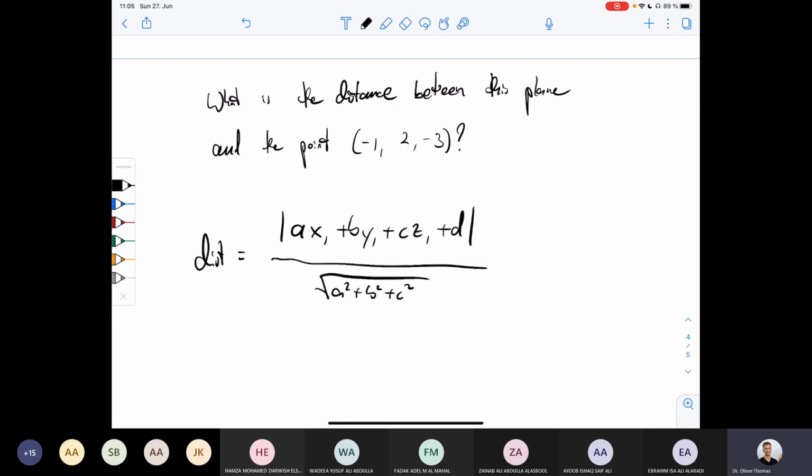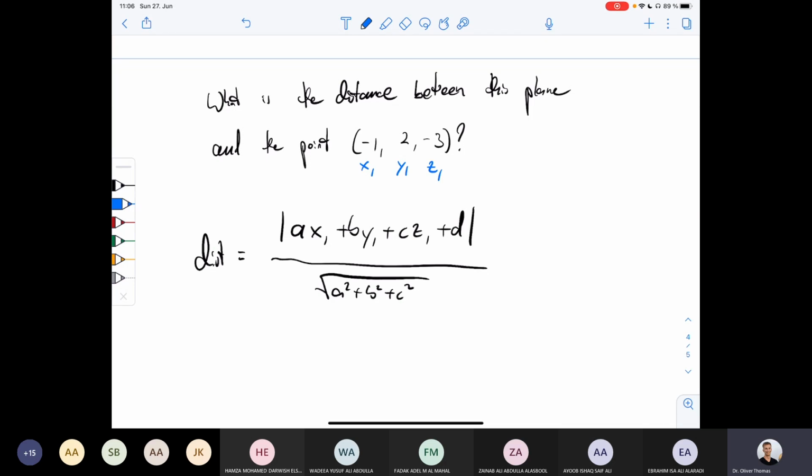Now we need to remember what x1, y1, z1 are and what a, b, c and d are. In our case, this is x1, this is y1, and this here is z1.